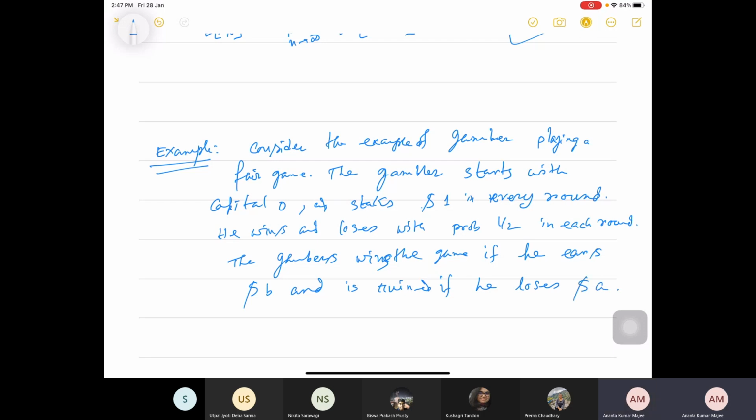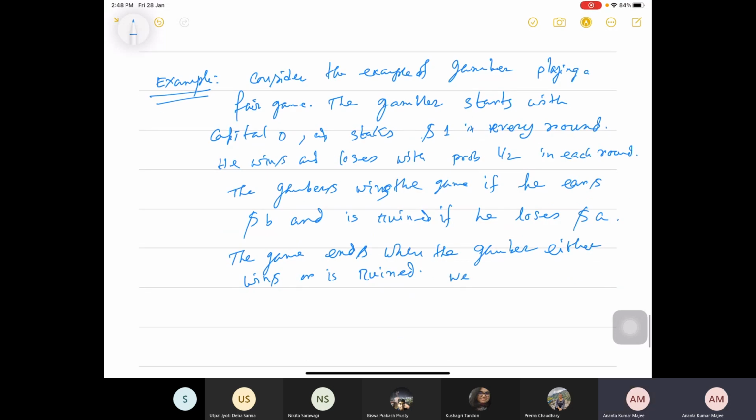So the game ends when the gambler either wins or is ruined.